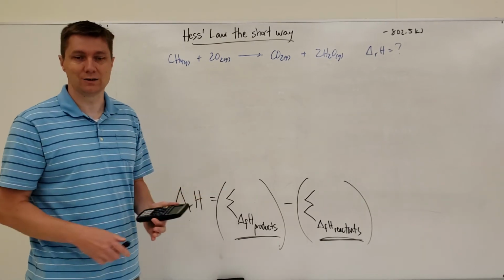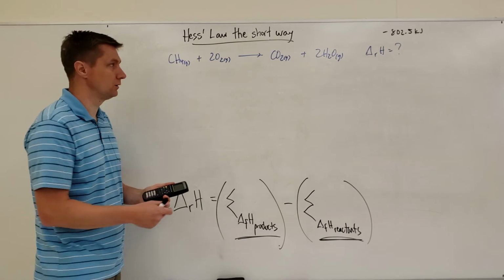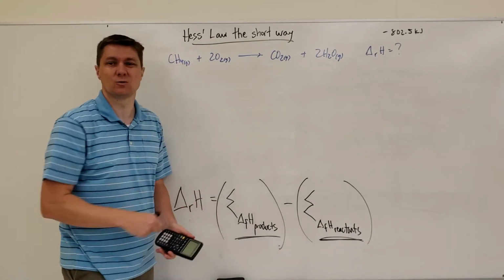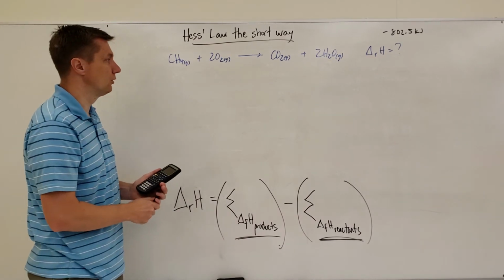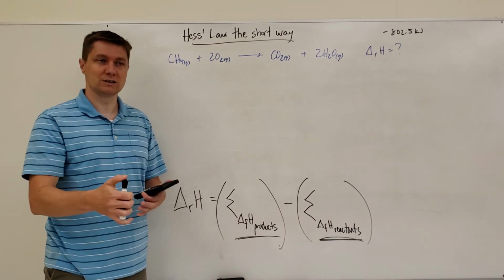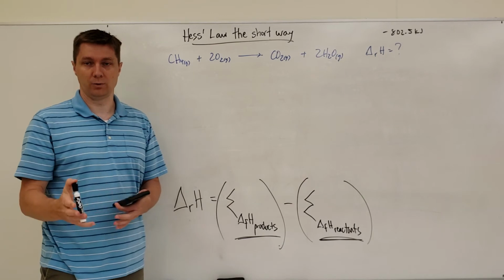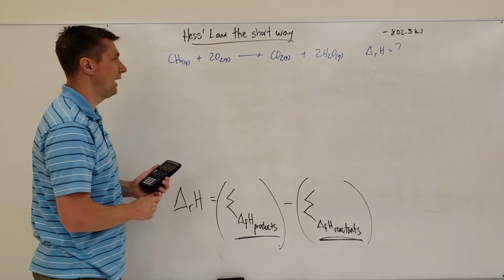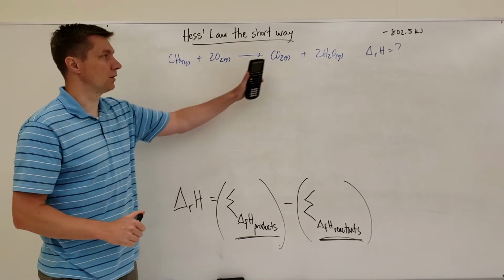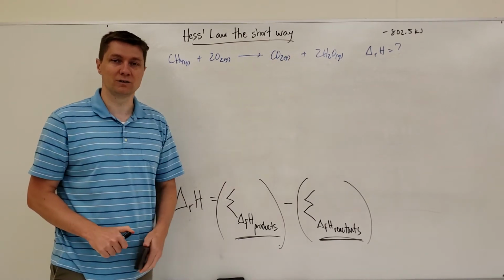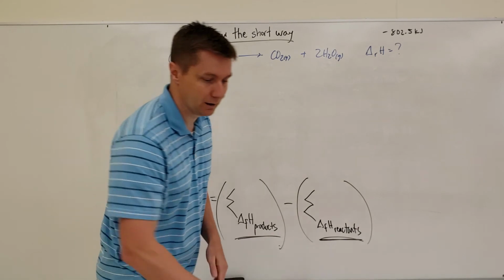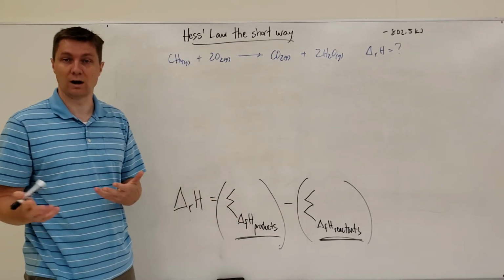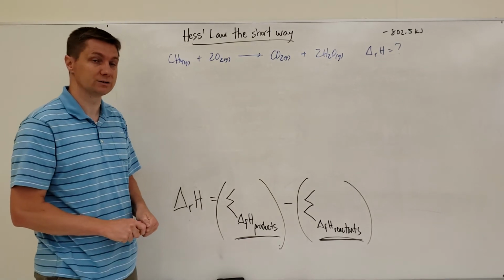This is how I like to do it. I like to go into the book and look up, okay, what's the heat of formation of each one of these substances? And I just write them down below. Because it says it's a standard molar enthalpy of formation, it's in units of kilojoules per mole. And so I have to pay attention to the coefficients in front of each of these substances in this chemical reaction to make sure that I'm accounting for how many moles I have in the balanced reaction.